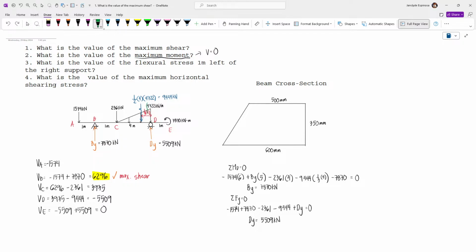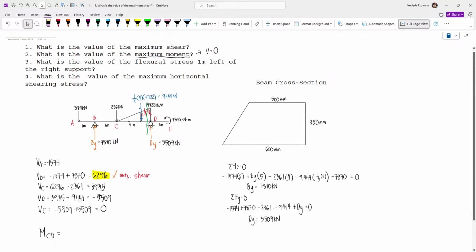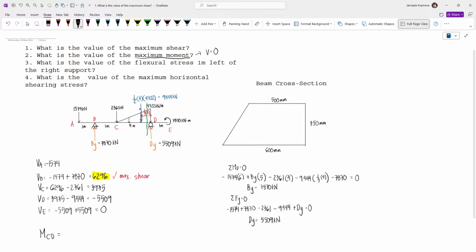Establish kong cut just right before the segment, and then, magporma ko sa moment equation sa segment CD. Now, again our origin is always from the left towards the cut. And so this whole distance, that's our X.